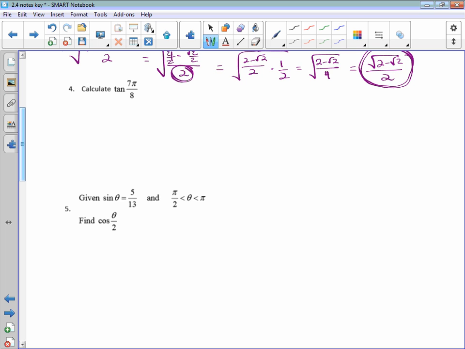So 7 pi over 8 we know is in the 2nd quadrant. Okay, quadrant 2 is tangent, positive or negative there? Negative, yes. Okay. So I have negative square root 1 minus cosine theta over 1 plus cosine theta.